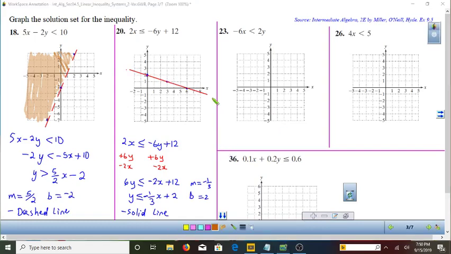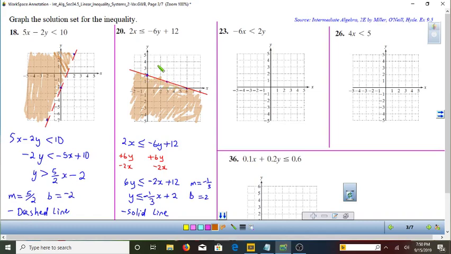And then it says shade below. So we start on the line and go below the line. So I'm talking about down underneath the line here, to the bottom of the line, because we're talking about y values that are below. Now I made a little bit of an error there, a little bleed over of my graph.